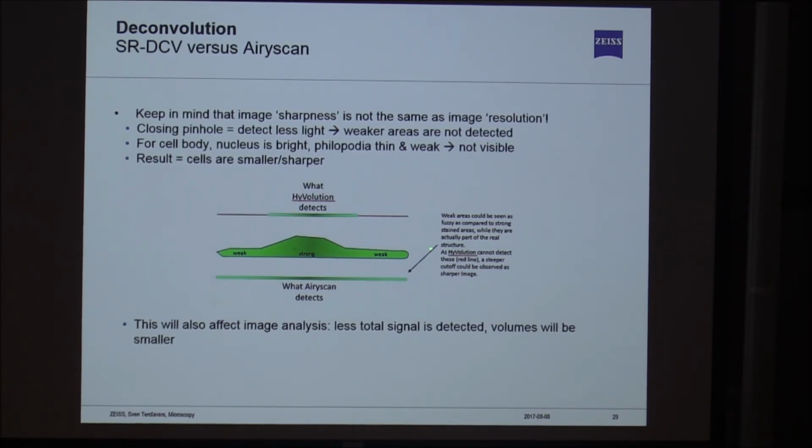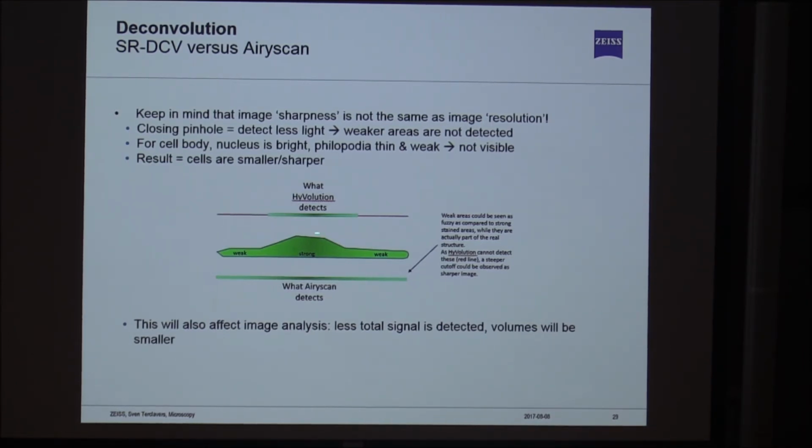And you also have to keep in mind that once you have a cell, for example, like this lying on the cover slip, where the nucleus is, it's a little bit thicker, there's more volume of fluorophore. This volume will be detected still, even if you close down the pinhole. But the weaker filopodia, or the weaker cytoplasm, etc., might be skipped because there's just not enough light coming through my pinhole anymore.